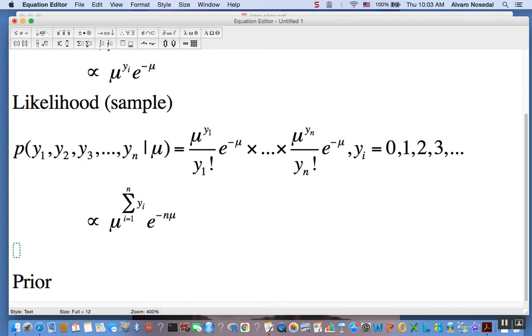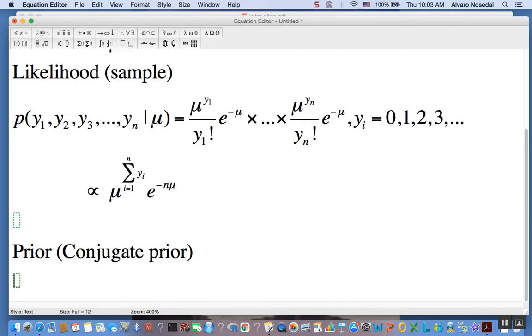And by conjugate, what we mean is that the posterior distribution will belong to the same family as the prior. Let's just underline that in this case we're using the conjugate prior.